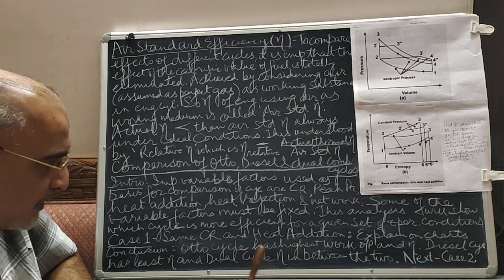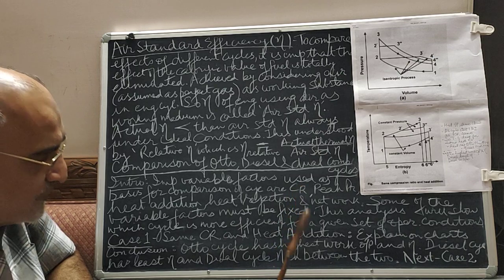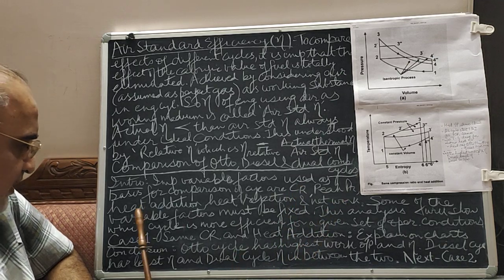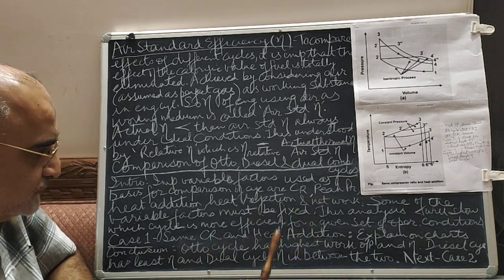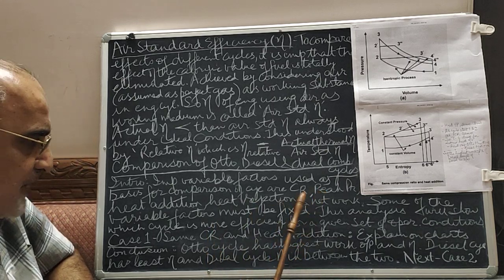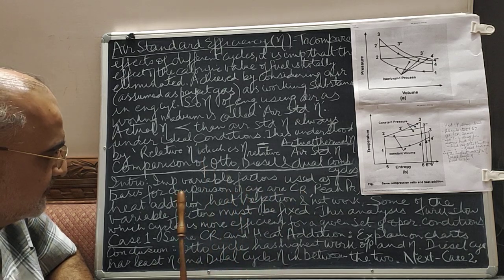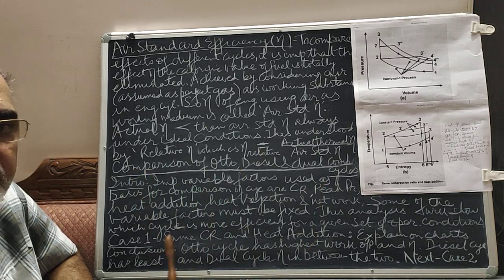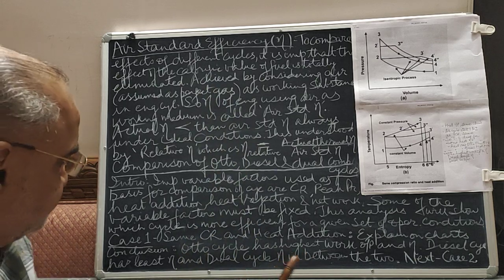What are the various variable factors? Compression ratio, the peak pressure, heat addition, heat rejection and net work. Out of these 5, we will take any 2 and then compare for all the 3 cycles of Otto, diesel and dual combustion.